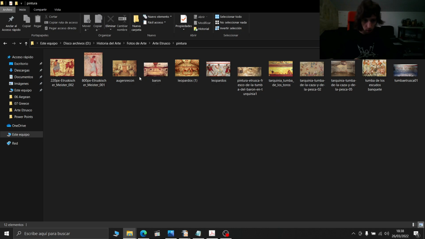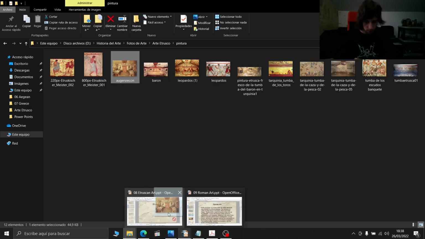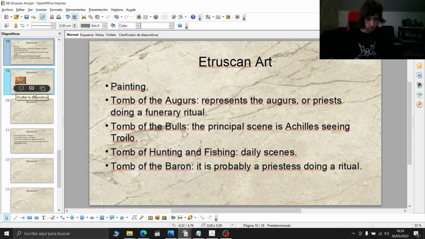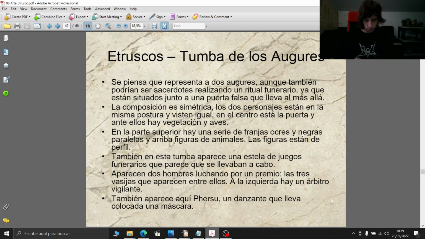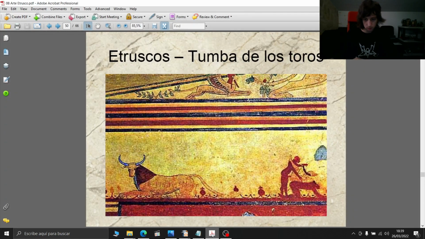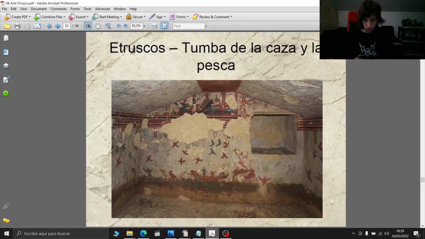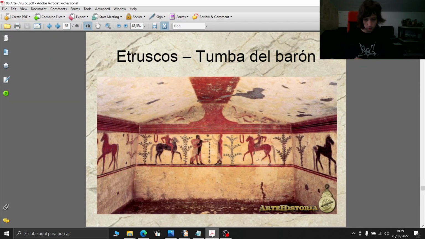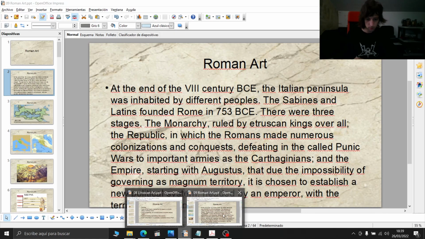First, Tomb of the Augurs. Tomb of the Bulls, Hunting. Hunting and Fishing. The Baron. I prefer this one.